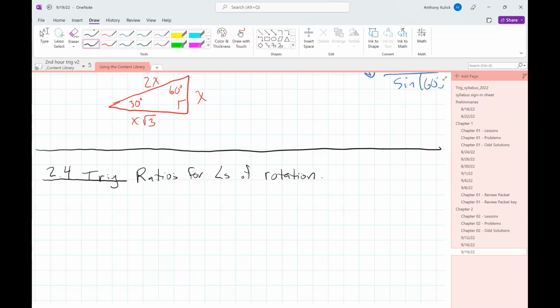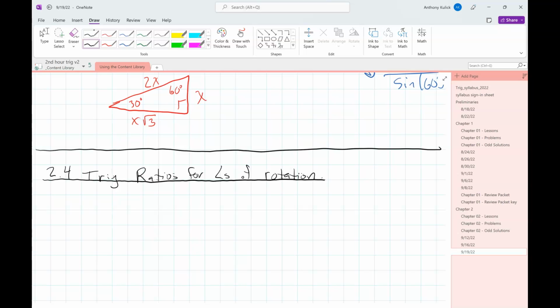So if you remember last time in section 2.3, we came up with this new method of drawing angles, right? We called that the standard position for an angle.